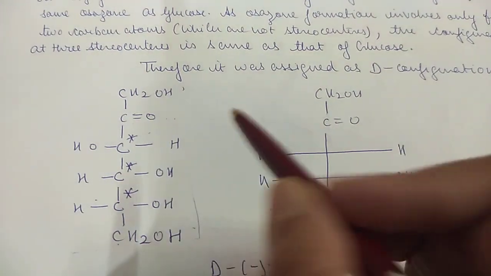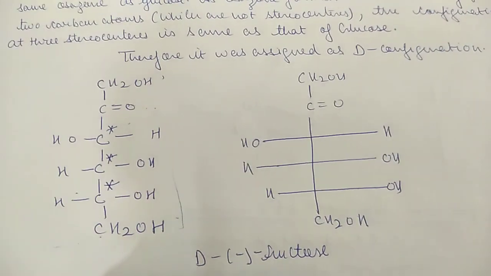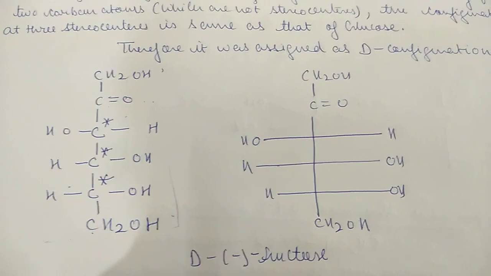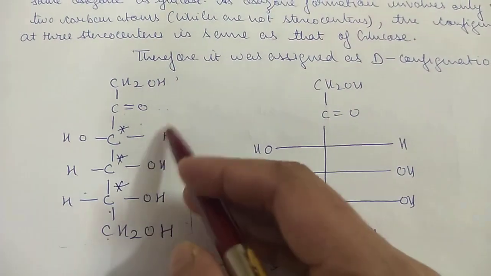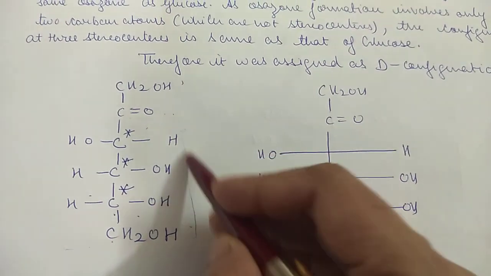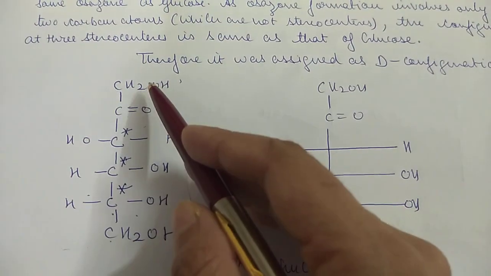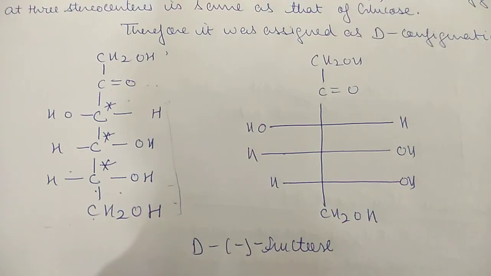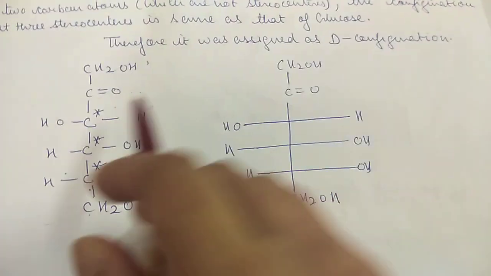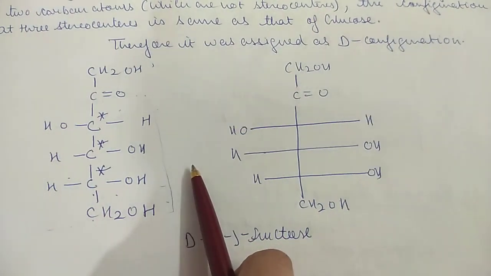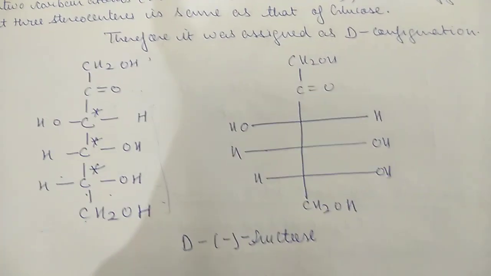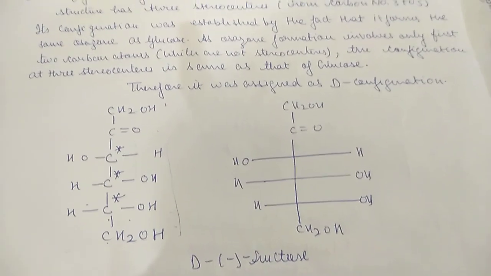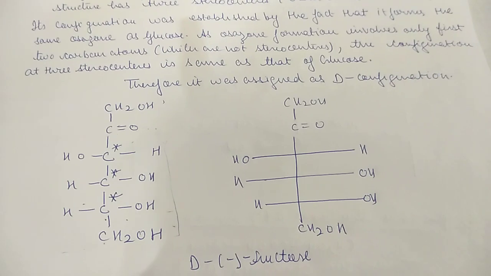The only difference is here: in the case of glucose you have a CHO aldehyde group, and in the case of fructose we have a ketonic group, and the rest of these carbons 3 to 5 are all chiral carbons. Only the first two carbons lead to the formation of osazone in glucose and fructosazone in fructose. That is why the D configuration was assigned to fructose, and it was named D-fructose. So this is all about how the structure of fructose was established.